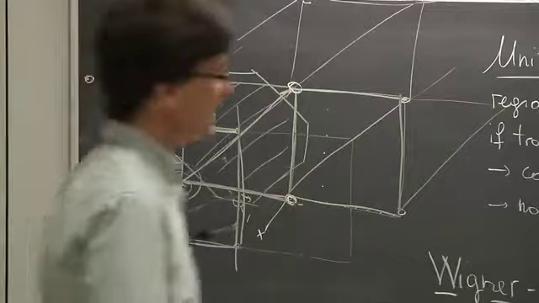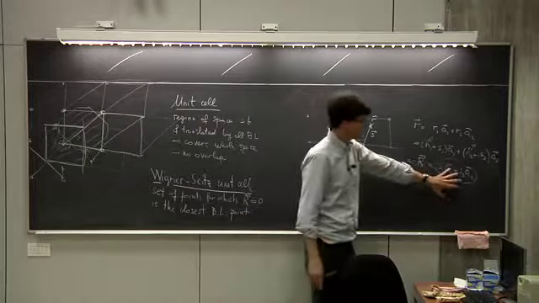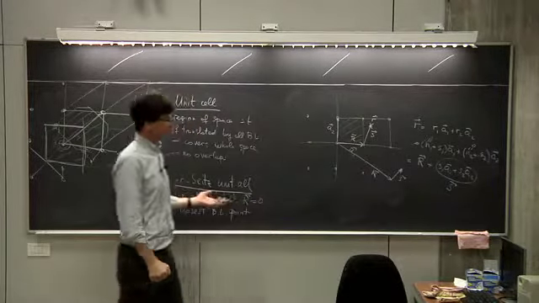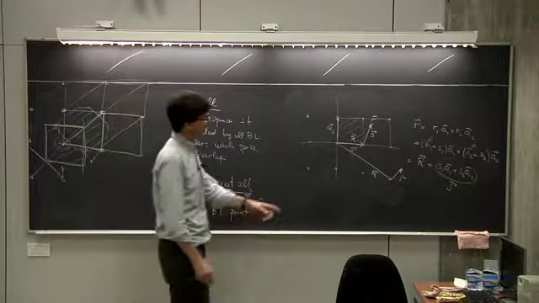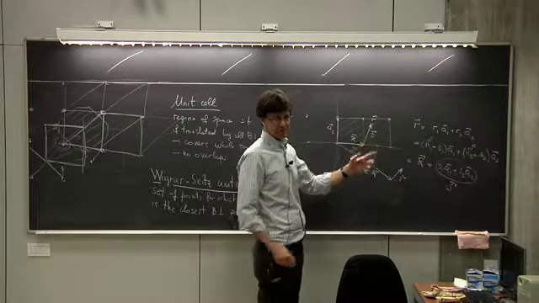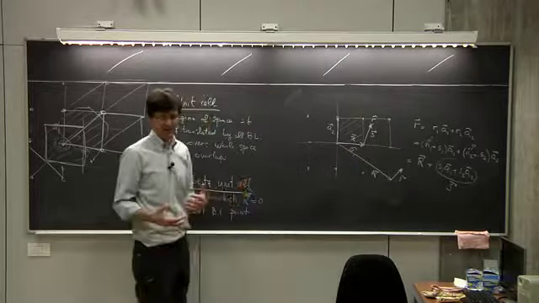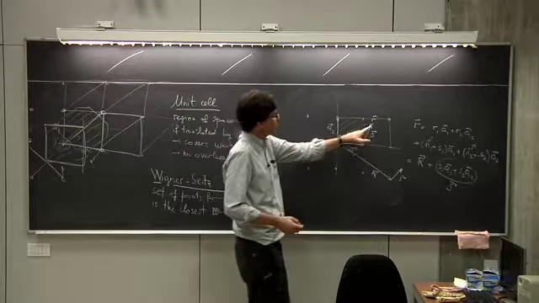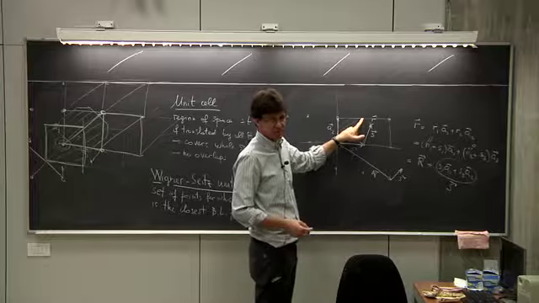In fact, if I now think of it in these terms, it's even more natural. How can I assign an arbitrary point to a unit cell and to a Bravais lattice? Well, I just look for the closest Bravais lattice point.